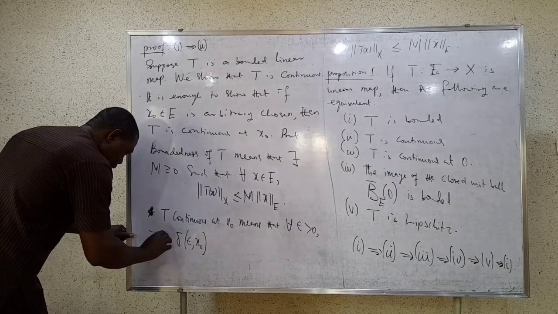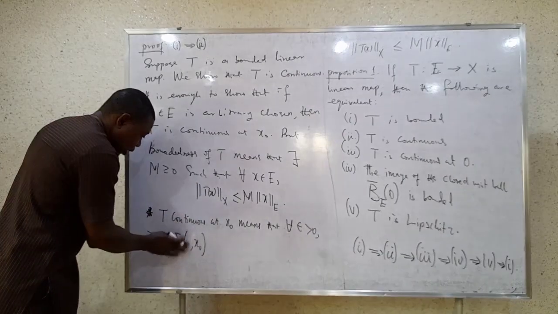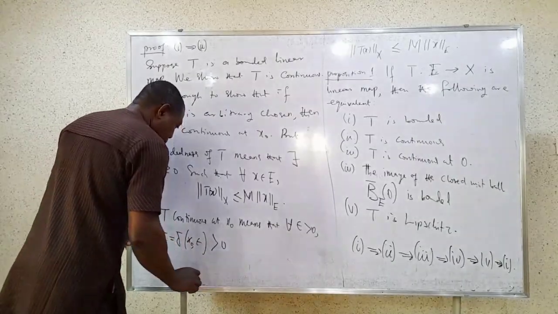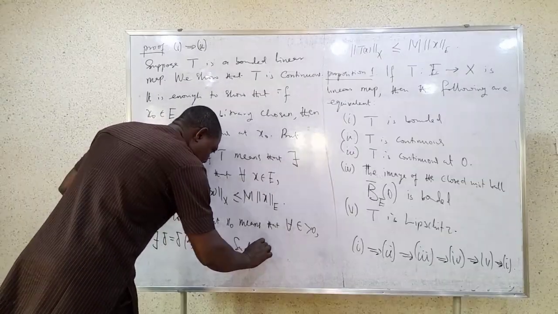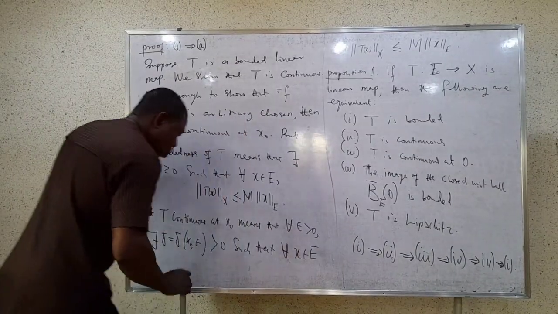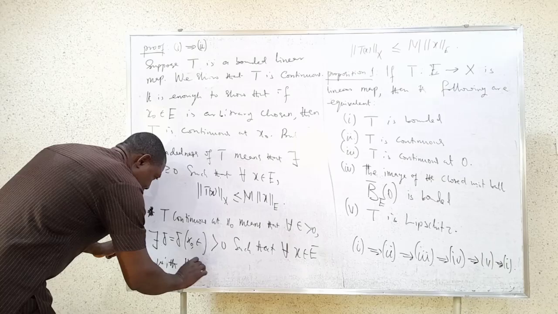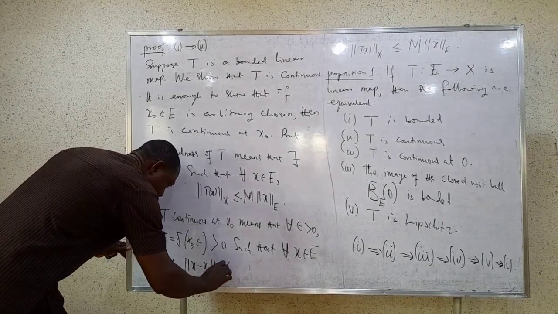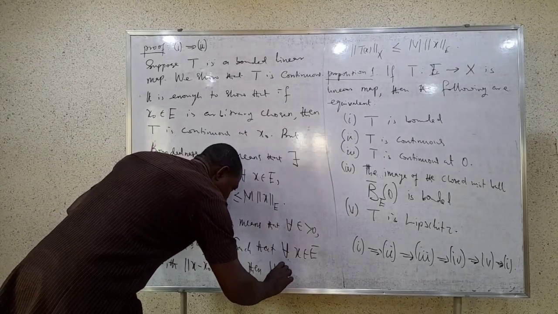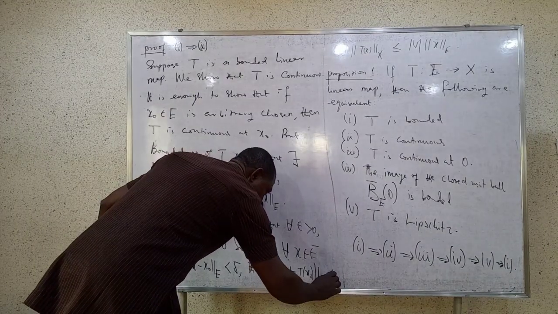There exists a delta which is a function of x naught and epsilon bigger than 0, such that for any x in E that satisfies the norm of x minus x naught less than delta, then the norm of T of x minus T of x naught in X will be less than epsilon.